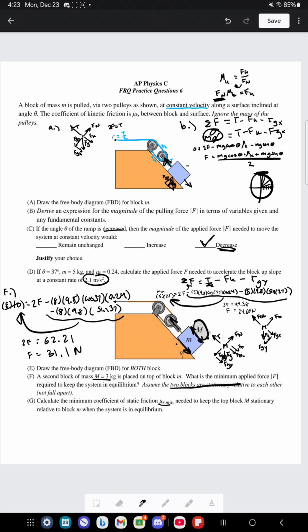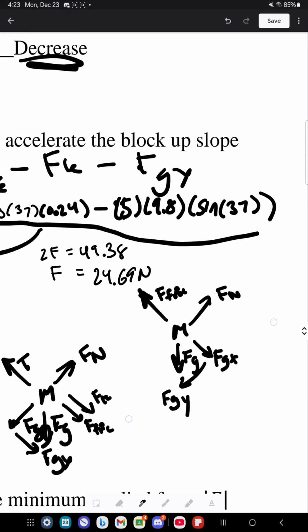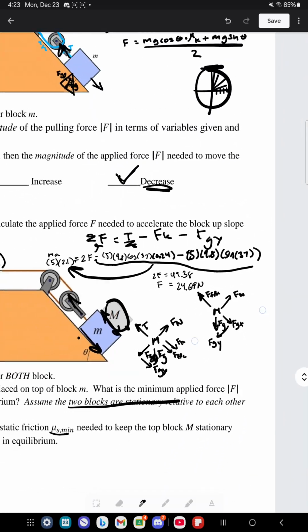For part G, we need to find a minimum static friction to keep the top block stationary. So if we look at our diagram, it only has two forces going in the x direction, which is Fgx and F of friction.